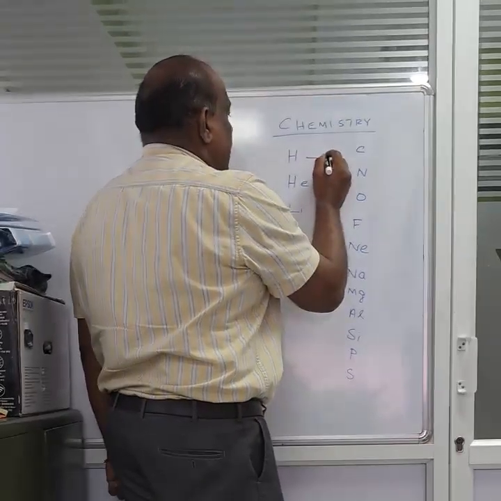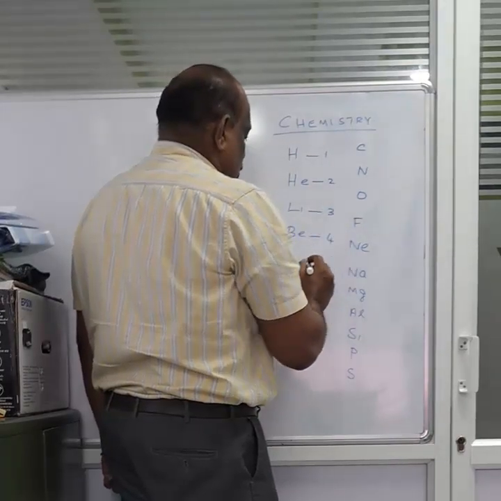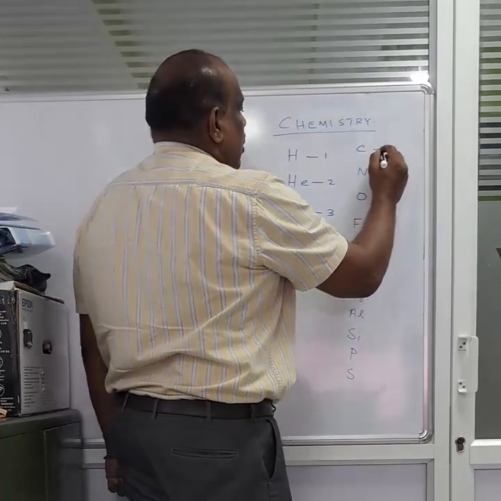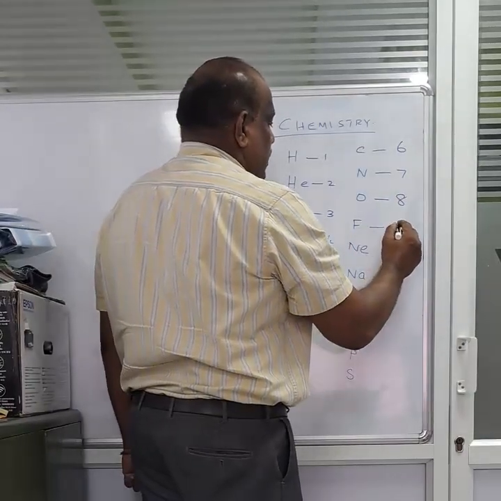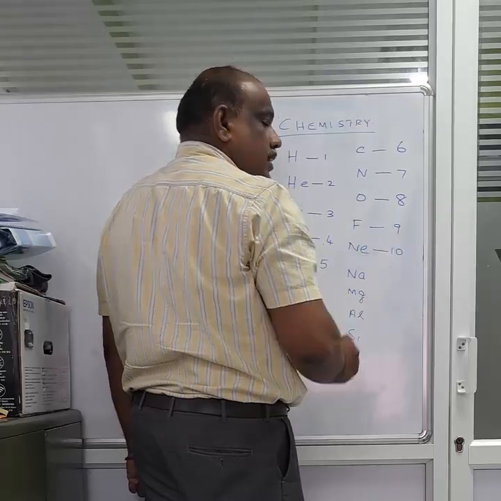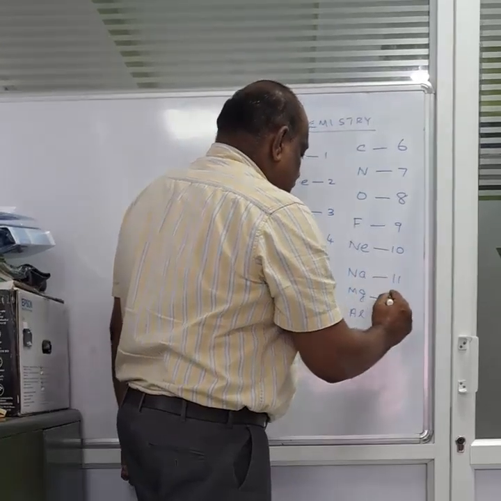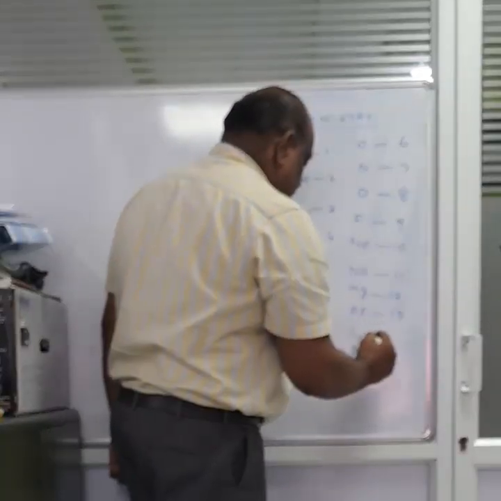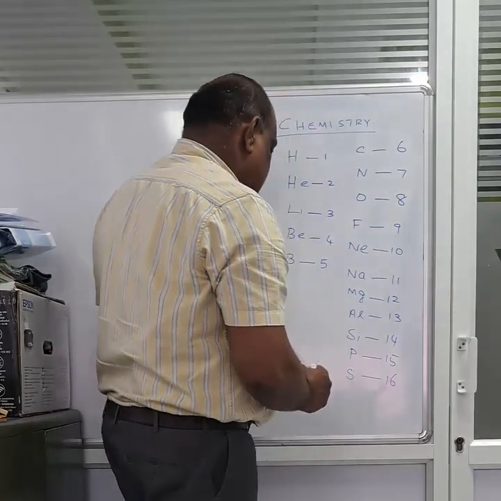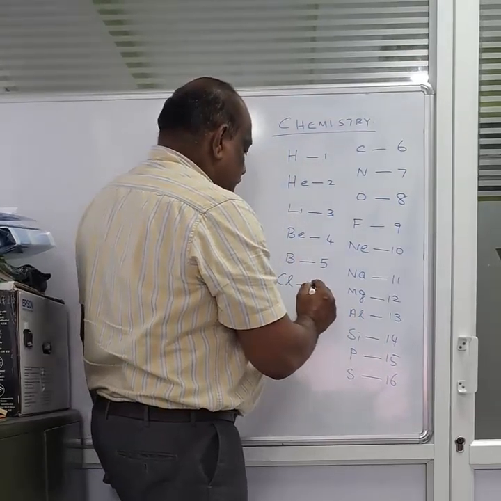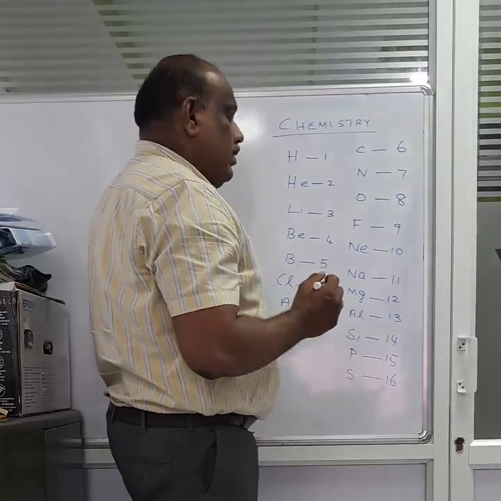So we can see the atomic number of hydrogen is 1, for helium it is 2, for lithium 3, for beryllium 4, for boron it is 5, for carbon it is 6, and nitrogen is 7, oxygen the atomic number is 8, fluorine is atomic number 9, neon is an inert gas and its atomic number is 10, and if we go for sodium it is 11, magnesium 12, aluminum 13, silicon 14, phosphorus 15, sulfur 16, then we can go to chlorine, it is 17, argon 18, and so on.